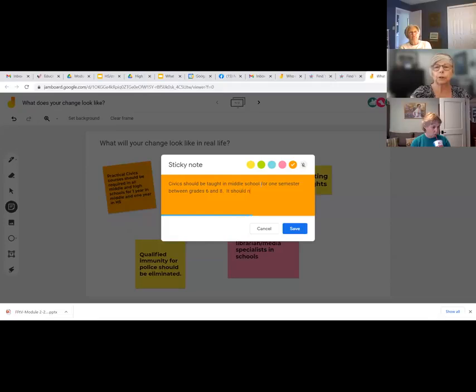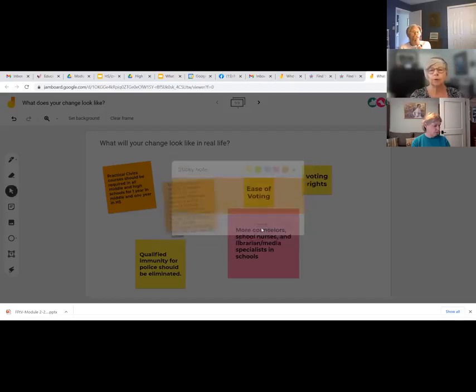It should include information about how the government works, but also how they can get themselves involved. How they can take an action.